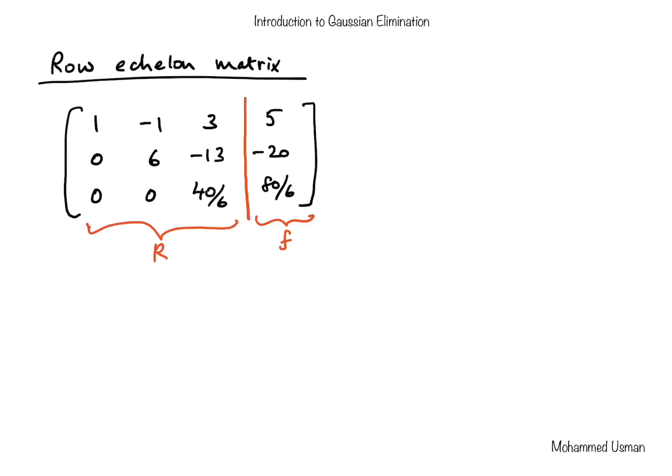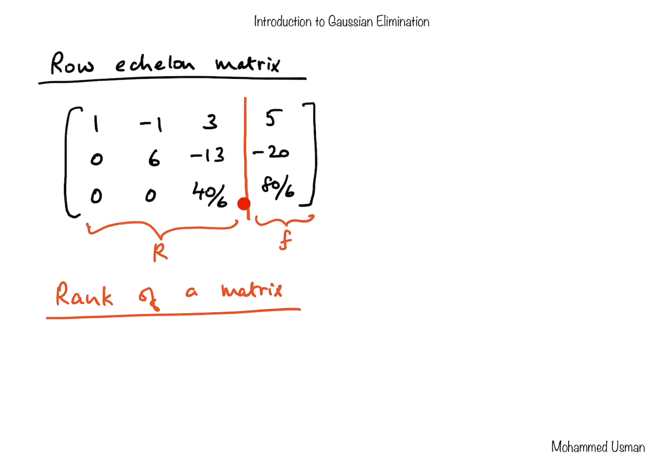The next definition is what is called the rank of a matrix. The rank is given as the number of non-zero rows in the reduced coefficient matrix. We had an original coefficient matrix, which is the A matrix, and after performing some row operations, we reduced that augmented matrix to a row echelon matrix.